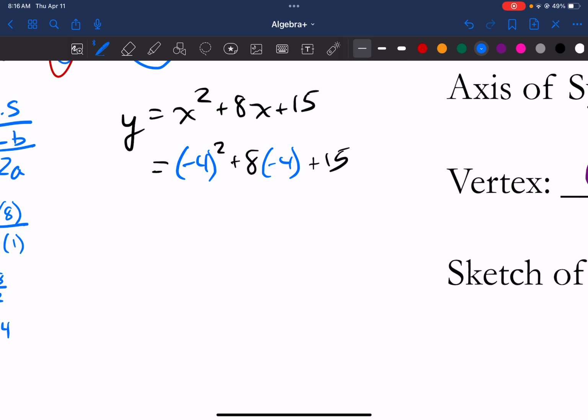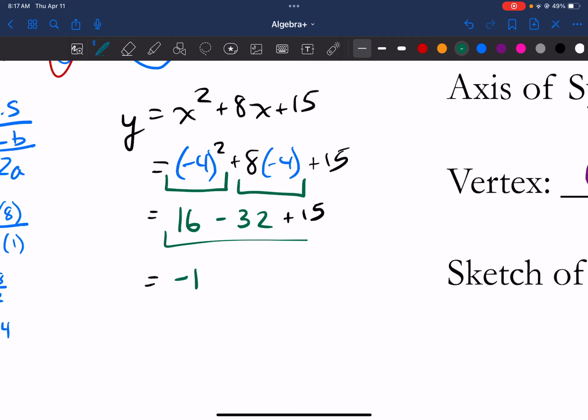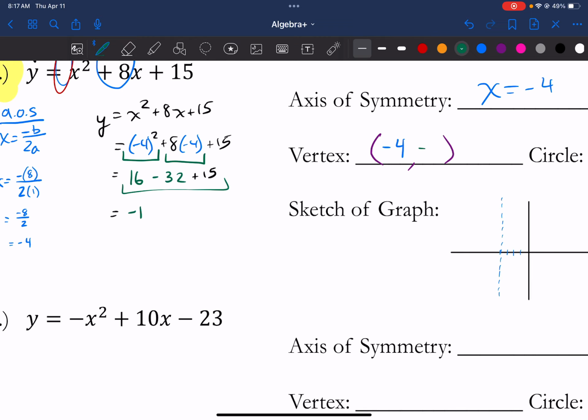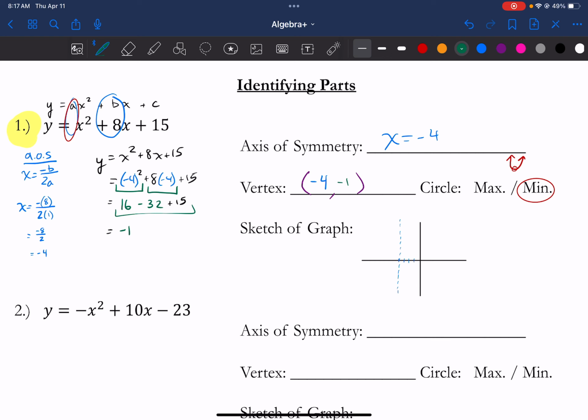So now, when we go to solve this, we are going to get 16, minus 32, plus 15. Now when I go ahead and solve that, I should get a -1, which means my vertex is -4, comma, -1.